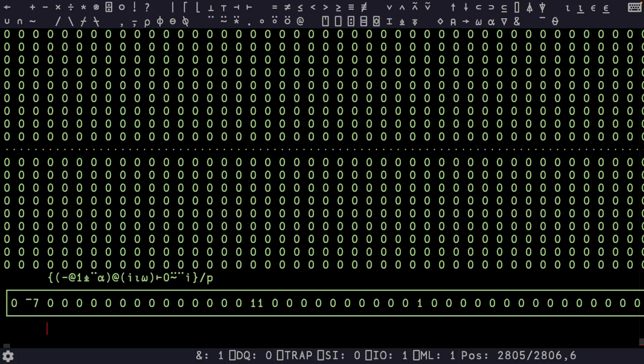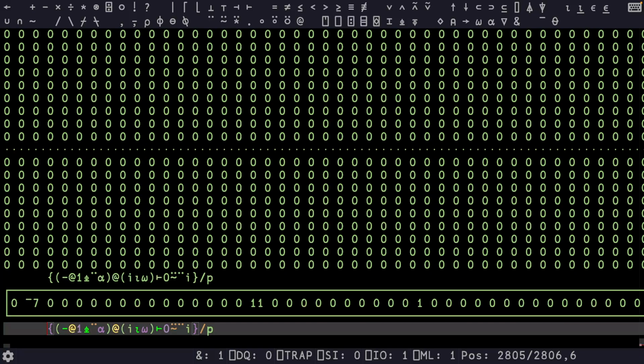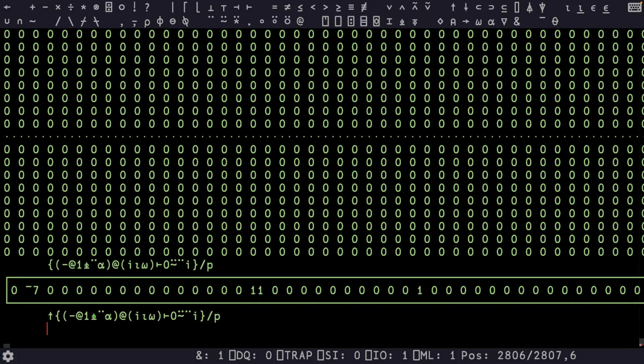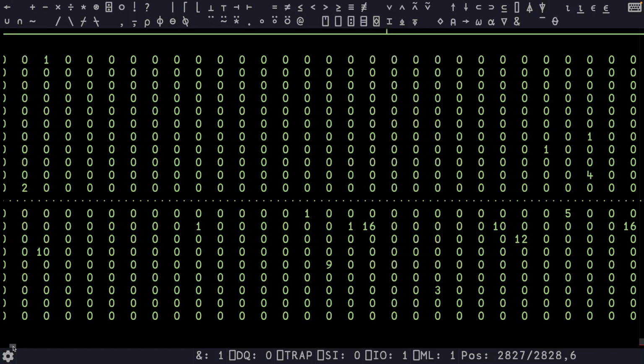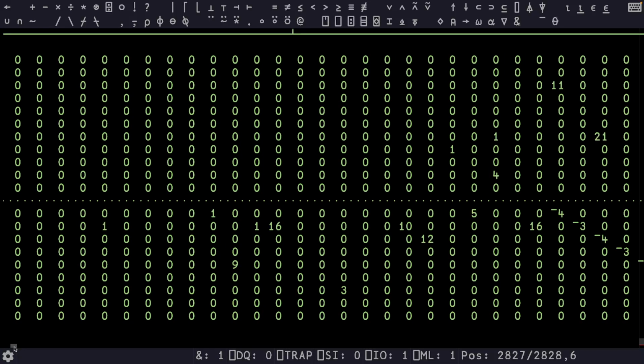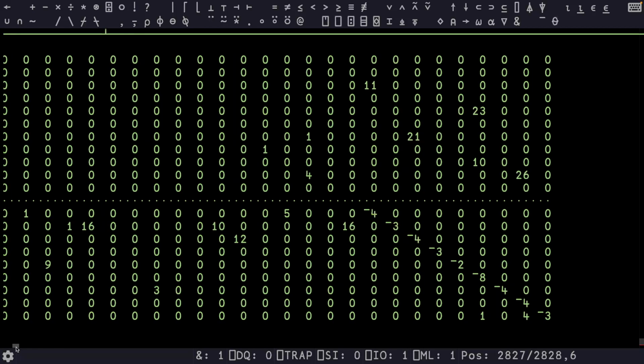So if I run this reduction, I get this, and then if I mix it, I get an interesting matrix where across the almost diagonal here, we get a bunch of negative numbers that denote the number of outputs for each reaction, and then we'll have a bunch of positive numbers in each row that denotes the number of inputs required.